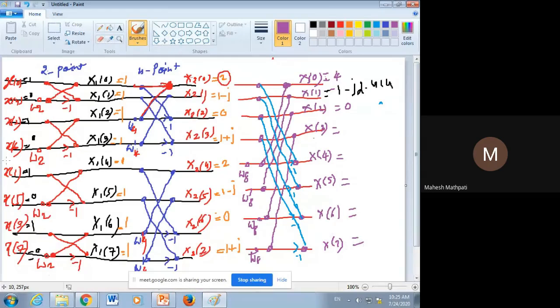On the diagram there should be no calculation. Do the calculation separately, just write the final value with the diagram. And you may expect at least one question of 6 marks or 8 marks on this particular example in the final exam.